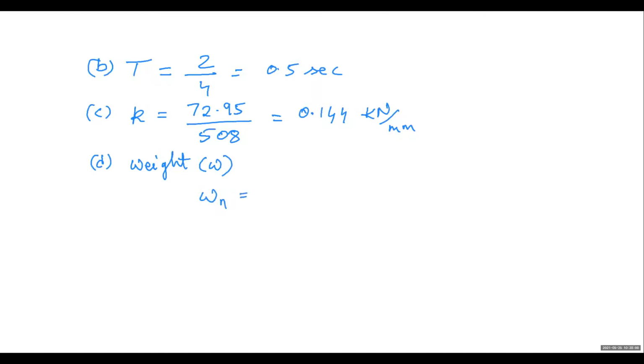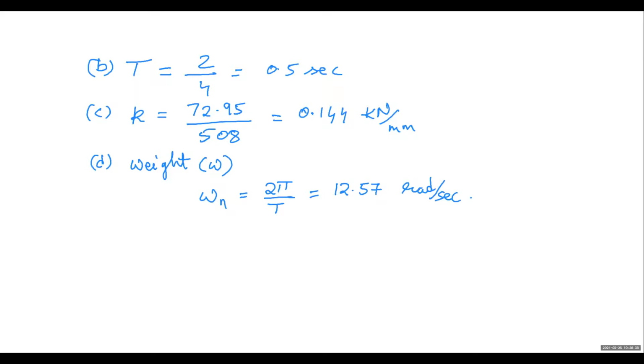We know that the angular frequency formula is 2 pi by T. So here this is going to be how much? 2 into pi by 0.5, which is 12.57 radians per second.